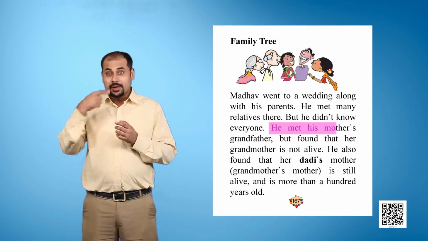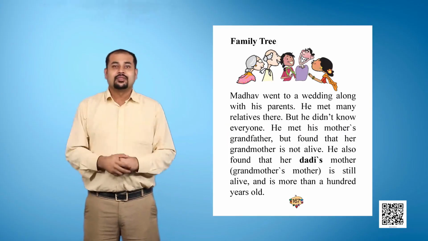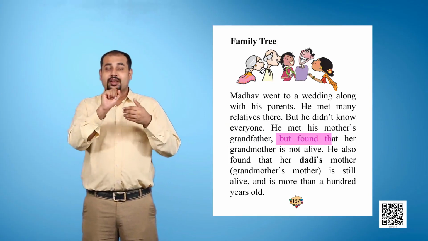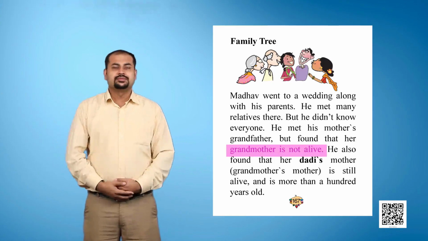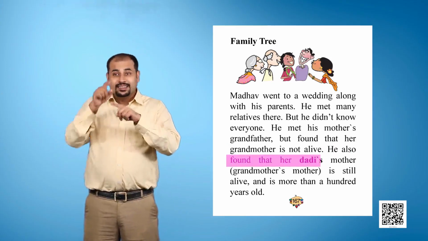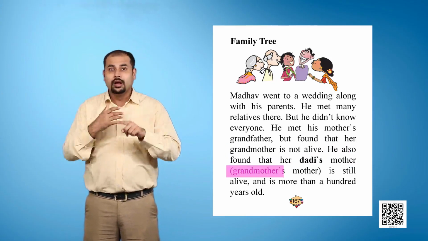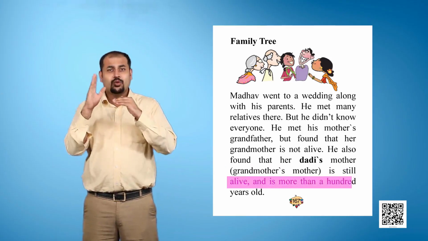He met his mother's grandfather, but found that her grandmother is not alive. He also found that her dadi's mother, grandmother's mother, is still alive and is more than 100 years old.